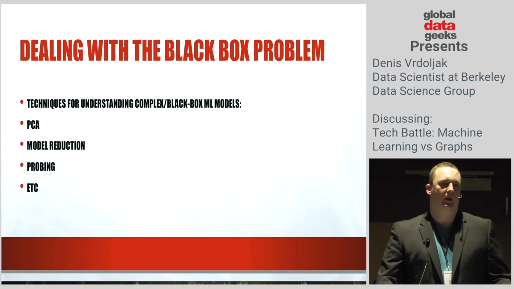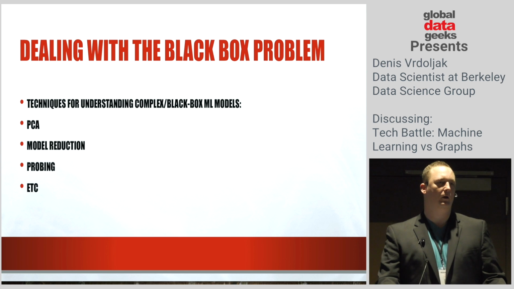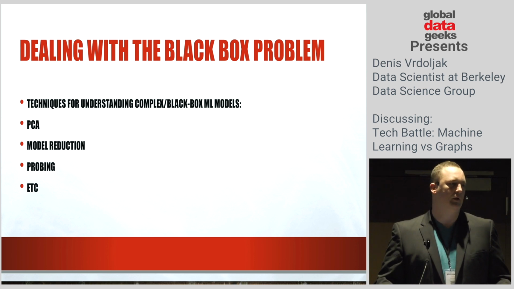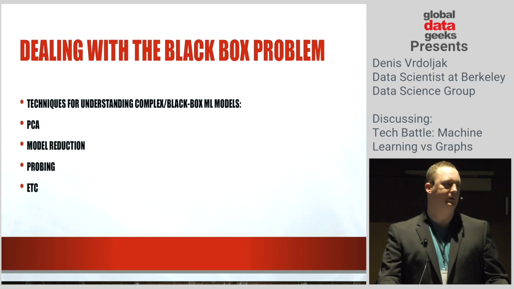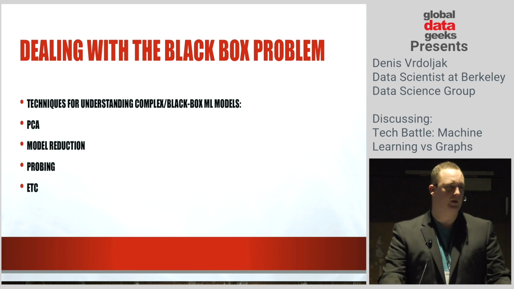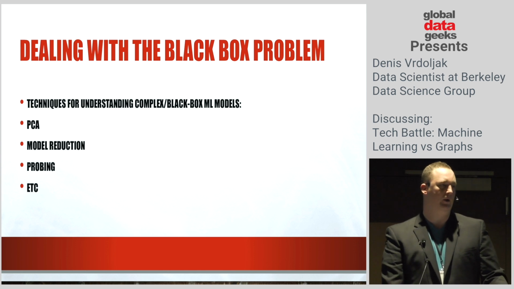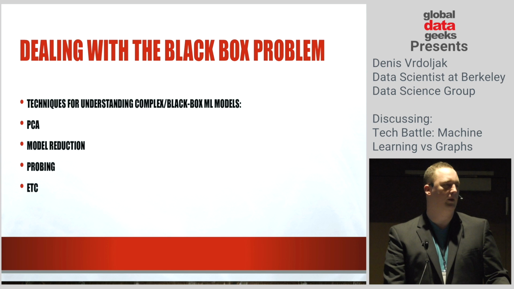You can also do a model reduction where you create a simpler model based on your more complicated model. Usually it'll be a neural network that you reduce down to something like a decision tree or a linear regression, and then you can find patterns, at least locally, for what the relationships are. But it's not great. With machine learning, if you get a really good model, you don't necessarily know what the patterns are.